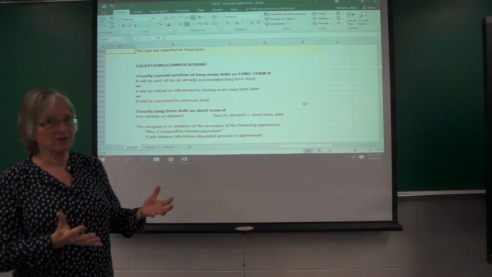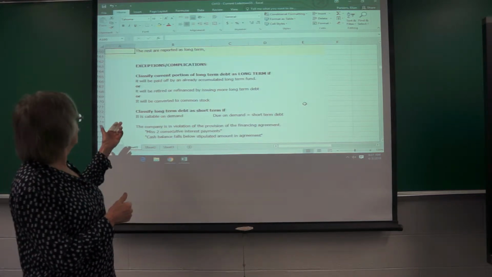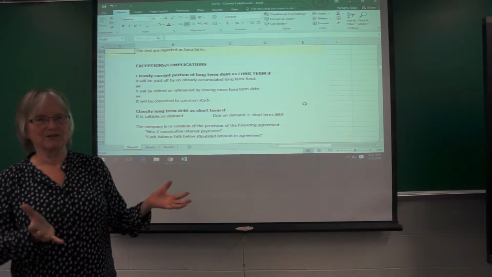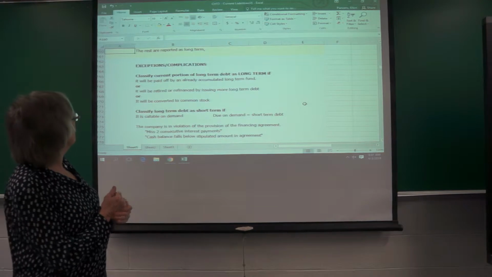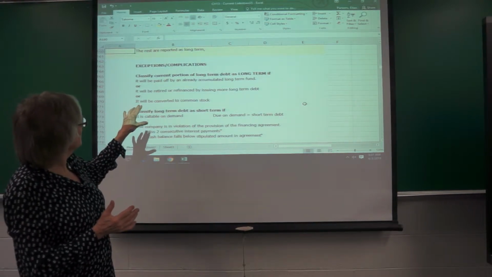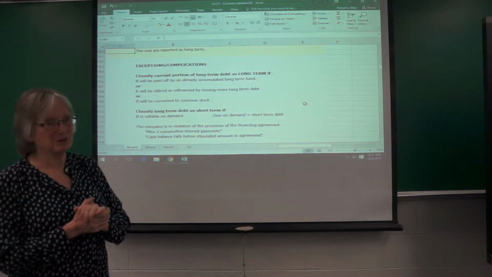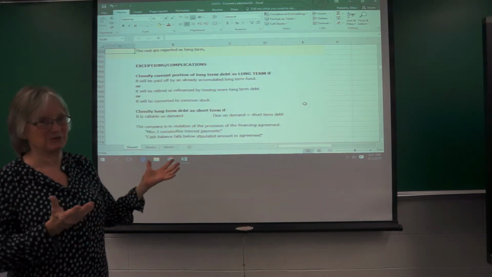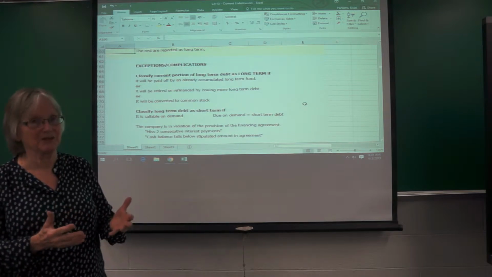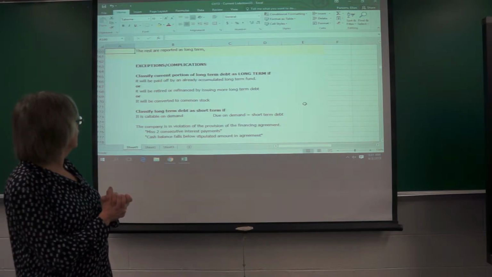In other words, no current assets to pay it off. Or it will be converted to common stock, which is by definition long-term. So you can classify the current portion of long-term debt as long-term as long as any of those conditions are met. And the basic thing is you're not using current assets or current liabilities to satisfy it.